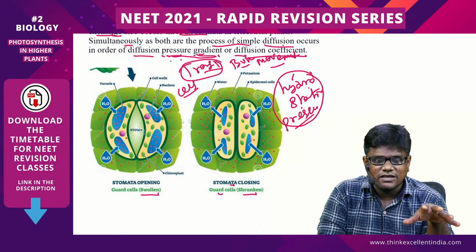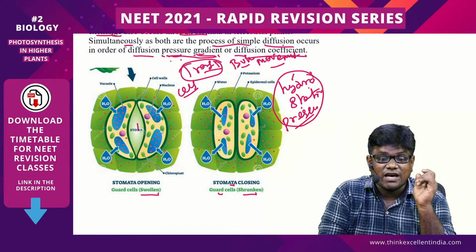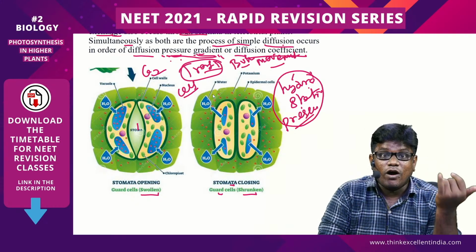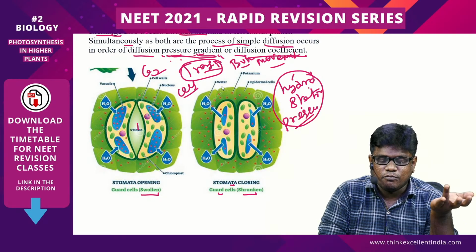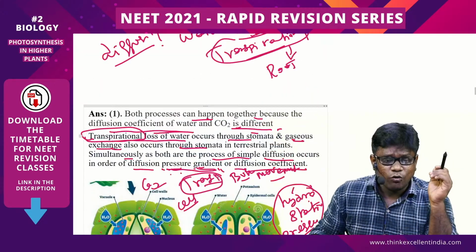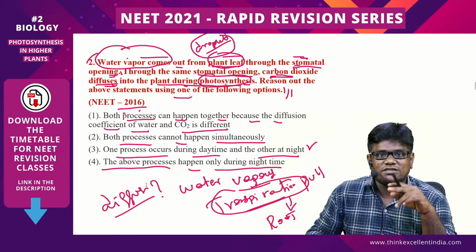Here you can see the stomata open and stomata closed. These both give you a clear view. This is the place where CO2 is getting diffused with the pressure gradient, and the water vapor transpiration pull process also takes over. So the option is one: both processes can happen because the structure is one but the processes are two.